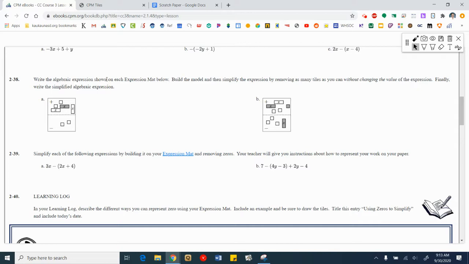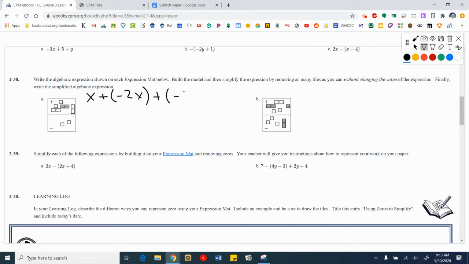All right, write the algebraic expression shown on each expression mat below. So we're going to go ahead and write the expression right here. Well, I see plus an x, plus a negative 2x, plus a negative 2, minus a negative 2.